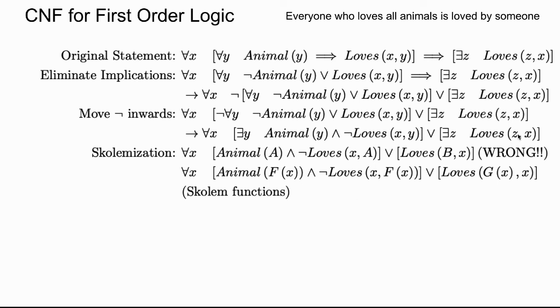So what you need to do is that instead of replacing that by an object, you need to replace that by another function. So instead of saying b, you need to say g of x, because the object can be different for each object x. Okay, so now these are called Skolem functions.